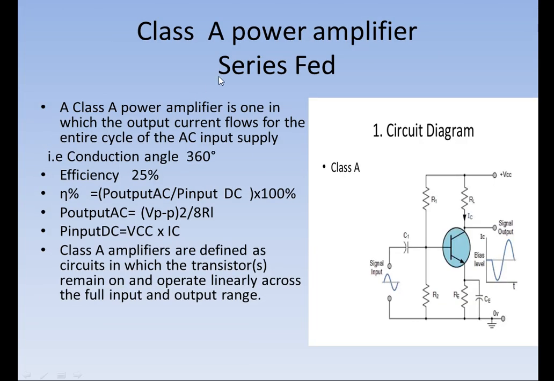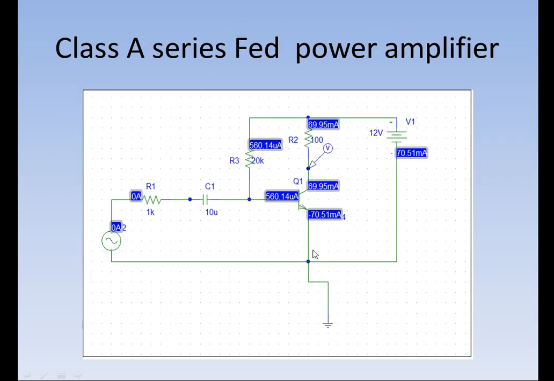Next, class A. In a class A power amplifier, we have two types. One is called series fed, which means a series resistor is there. This is the circuit. The current flows for the entire cycle, since biasing is given before the input is applied.